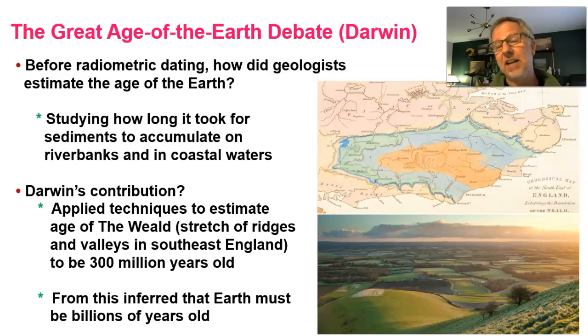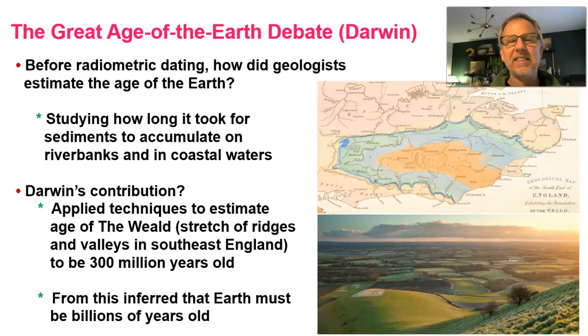So even in the 1800s, geologists, and Darwin did work with geologists, had come to conclude that the Earth is hundreds of millions of years old. In fact, from these estimates, Darwin was even suggesting billions, and he was correct.